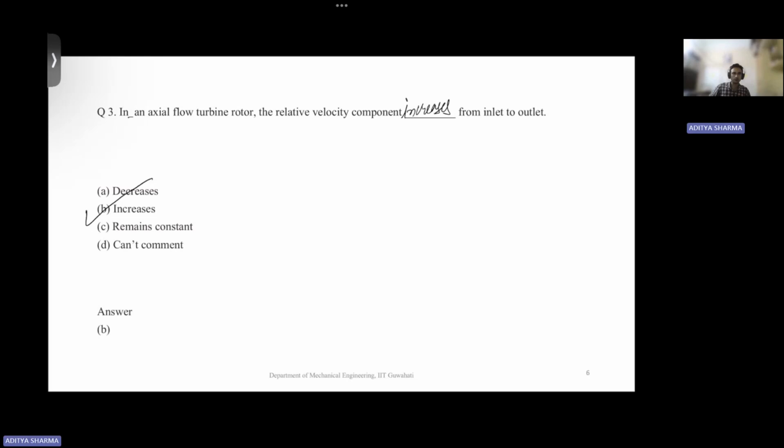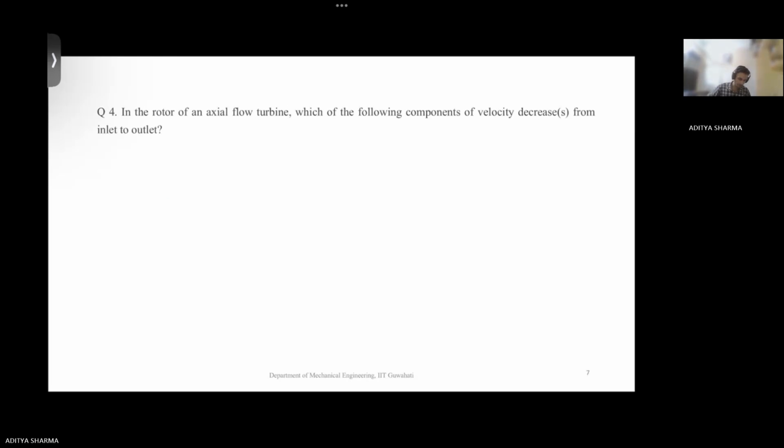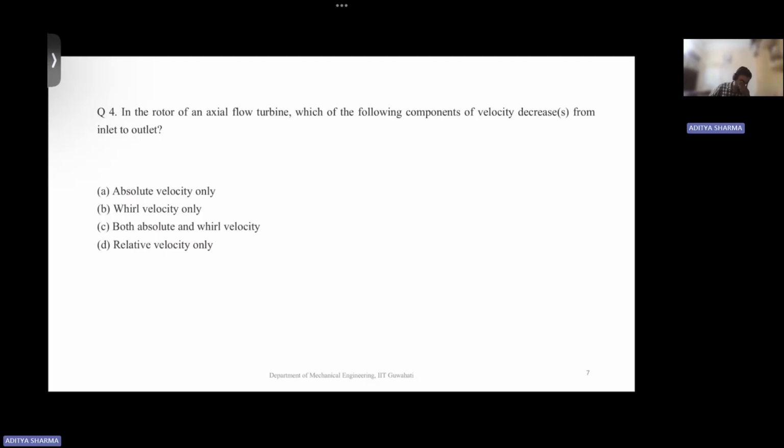Then the fourth question is there. Let's see question number 4. It says that in the rotor of an axial flow turbine, which of the following components of velocity decrease from inlet to outlet?